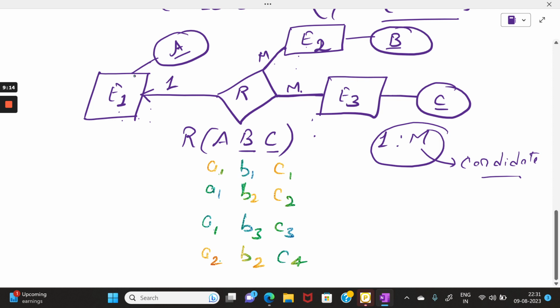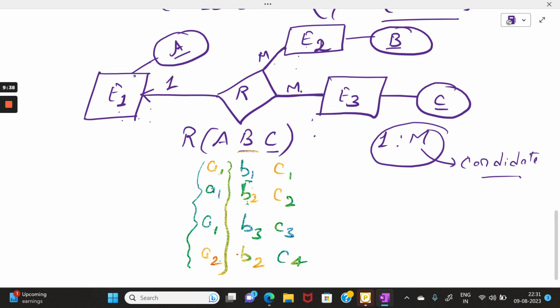So here you see we have this repetition for A1, okay? Maybe the exact relationship set cannot be possible to implement, but this can be the situation that A1 is mapped. But here you see that if we treat B as the key, then definitely this B1 may come one time, but B2 is coming two times, right?